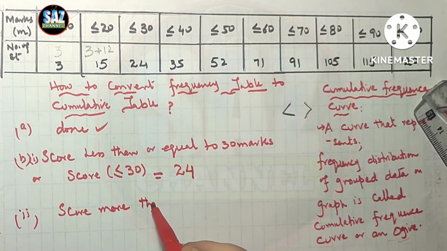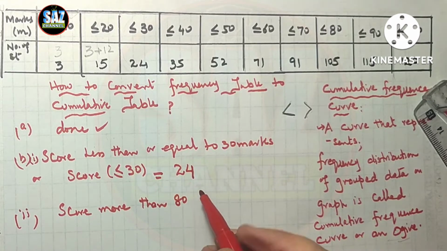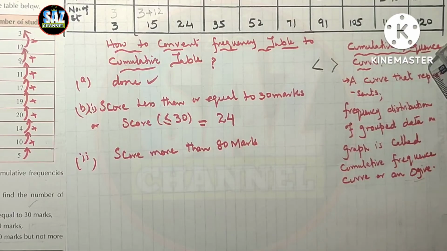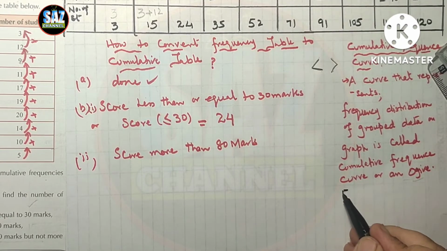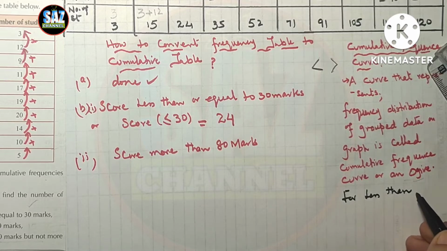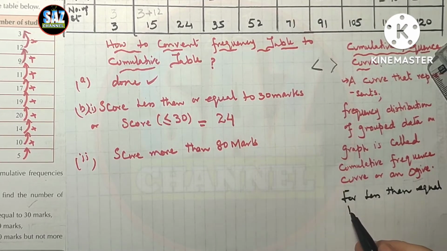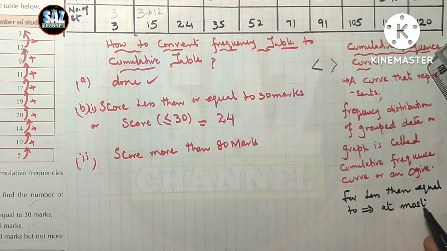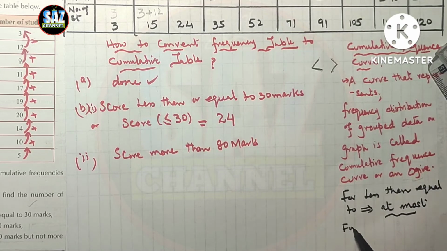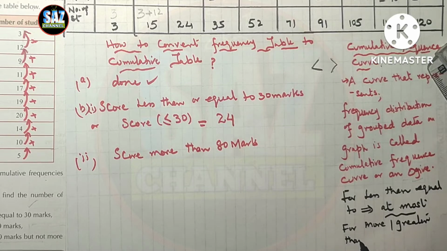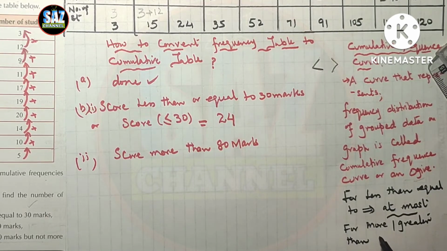Here the language that the examiner can change for the same term: for less than condition, less than equal to condition, less than and equal to, the examiner can use at most, and for more than, greater than conditions. This is the terminology that we have to keep in our mind.